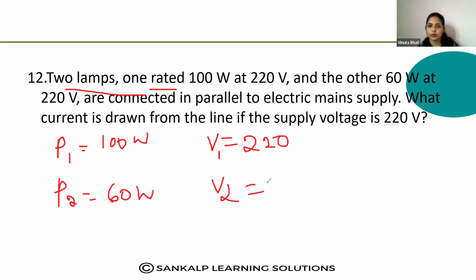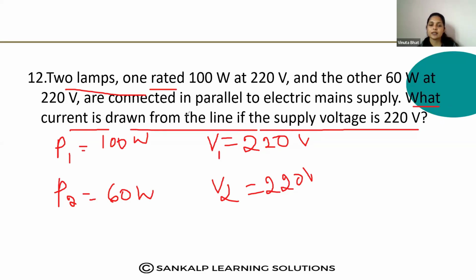That is 220 volt. Right. So this is the given data. What you have to find out: the current drawn from the line if the supply voltage is 220. What is the current? So you have to find out I. Please note down the given data and what you have to find out.